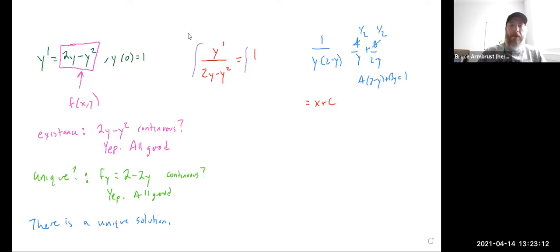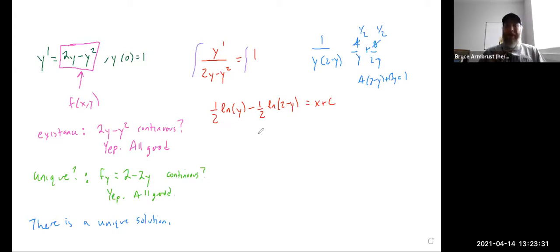So we have 1/2 natural log of y minus 1/2 natural log of 2 minus y. I like that a lot better. So regardless, we get our integral and we're here.